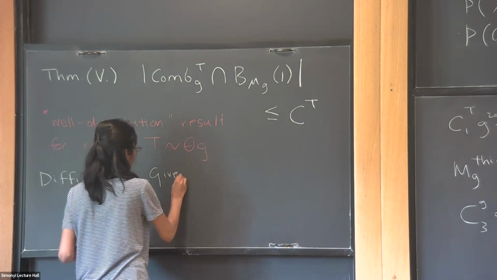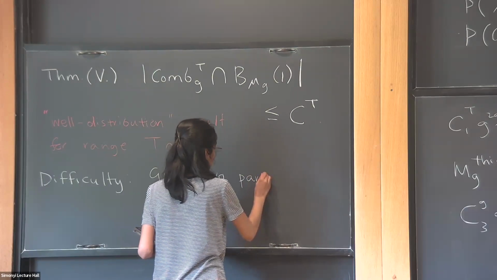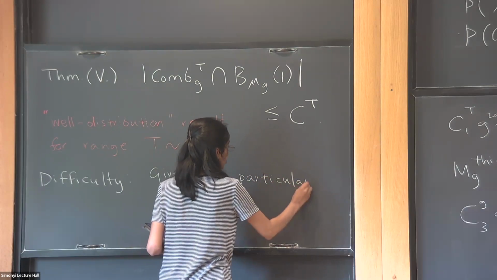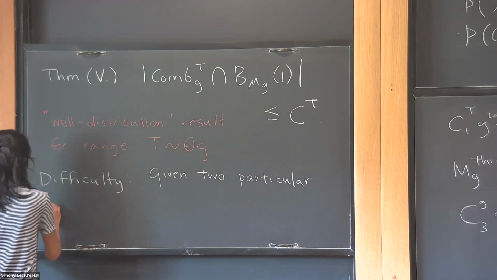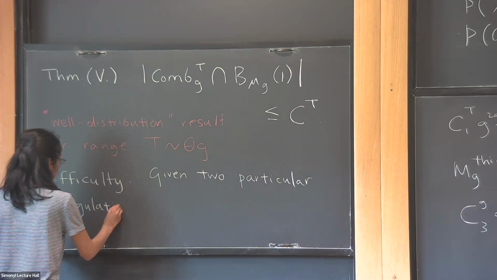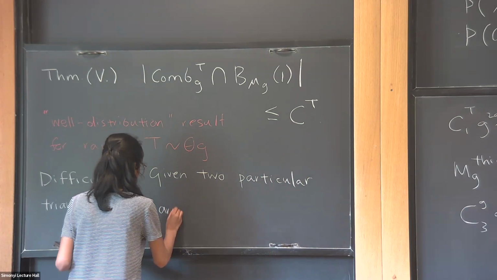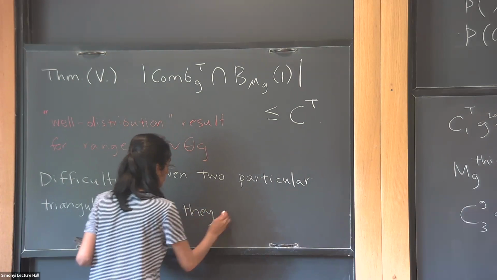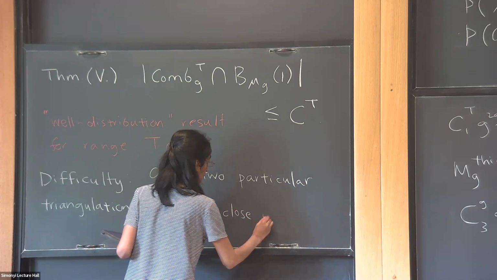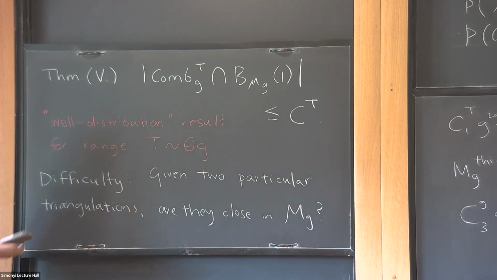Given two particular triangulations, are they close in M_G?